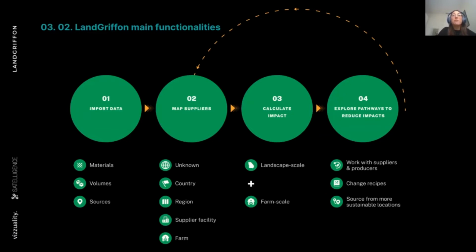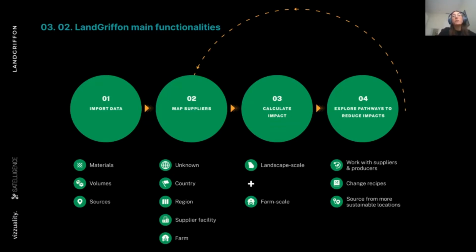For example, a farm location, a region, or a country of production. This geolocation will be done using a probabilistic sourcing model, which I will explain in more detail in the following slide. During the same data ingestion, we will be calculating the associated environmental impacts, which are divided between farm level and landscape level indicators.